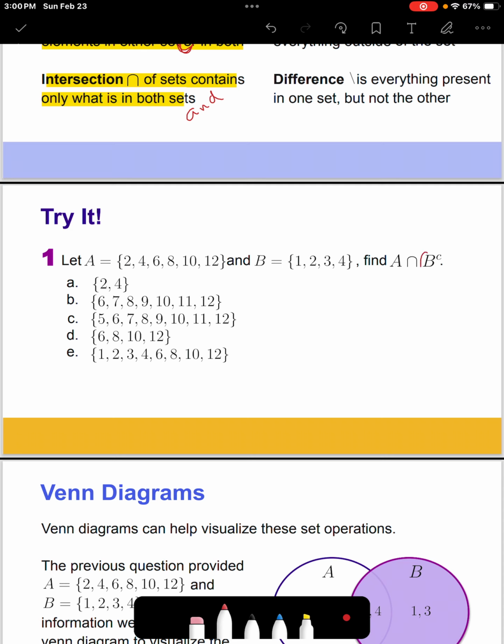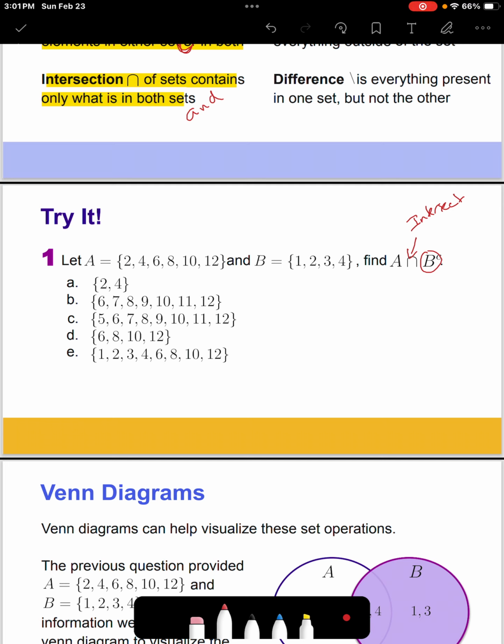You'll notice here we want a complement, and this is an intersect, which means and. It's a set that contains only what is in both sets. And then we've got set A. The first step is to find the complement of set B. The complement of B includes all elements not in B.